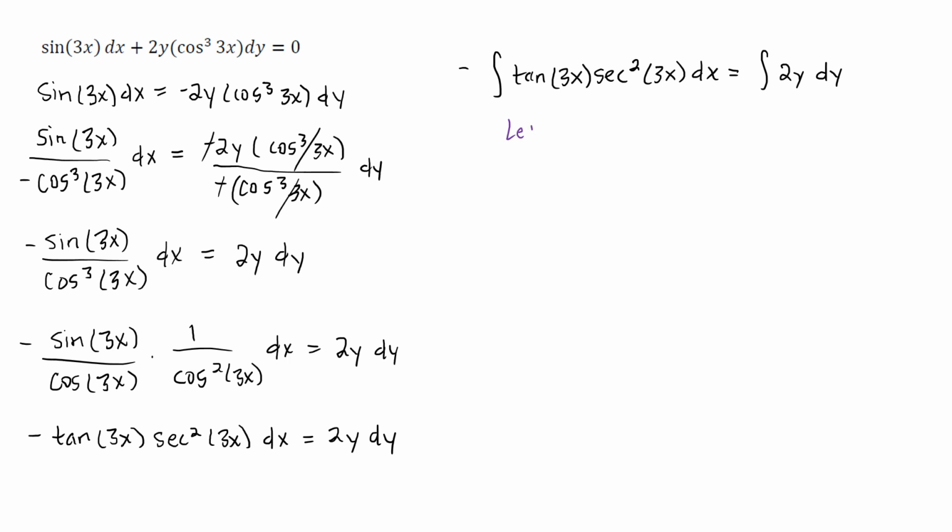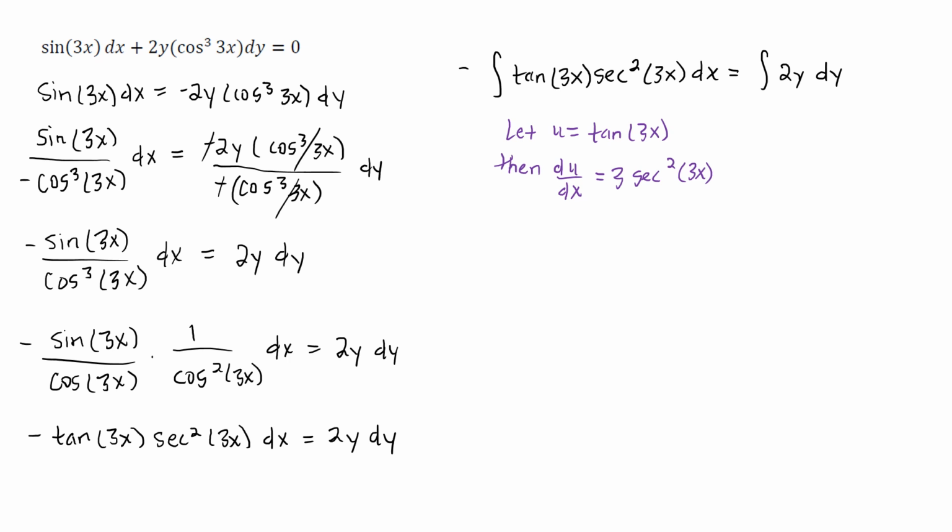So we'll let u equal the tan 3x. So then du dx equals 3 secant squared 3x.